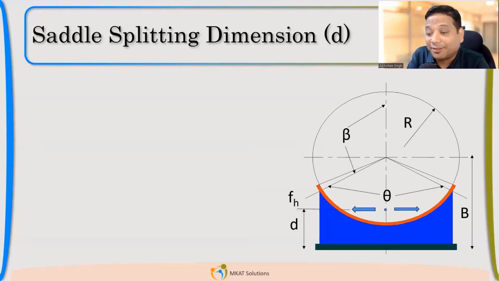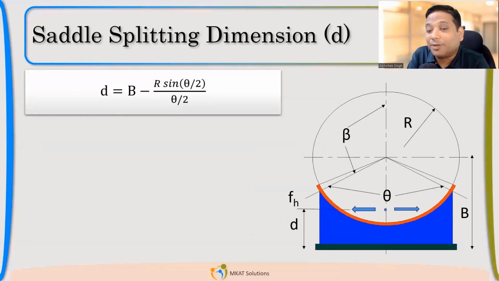For that, this is the formula. D is equal to B minus R sine theta by 2 divided by theta by 2. Basically, theta is equal to L by R is used here to calculate your D value, where the centroid of this arc will be lying.